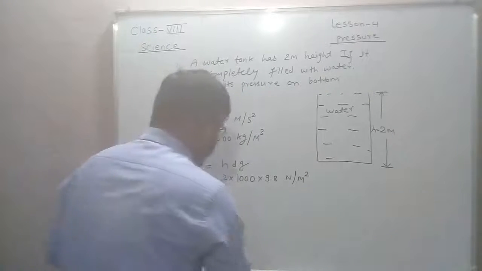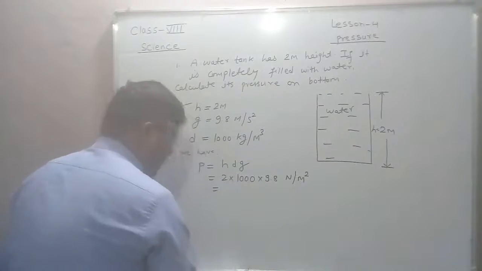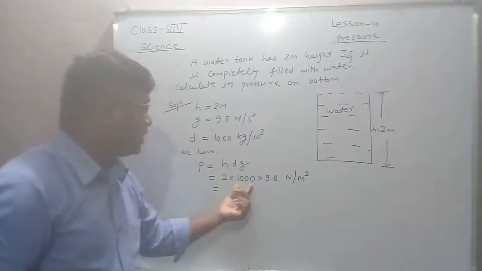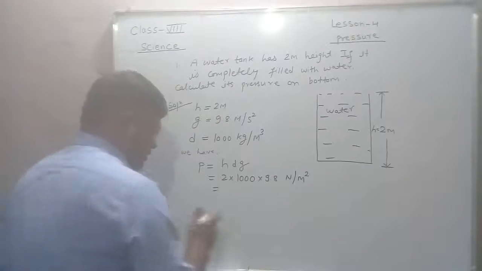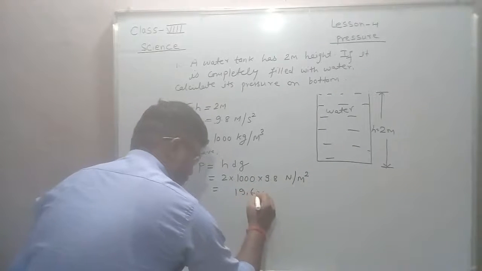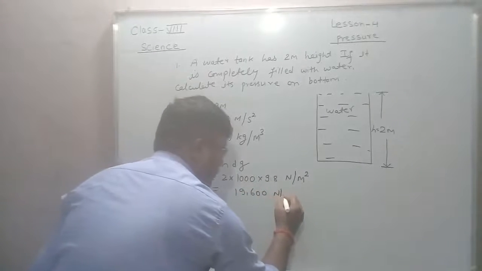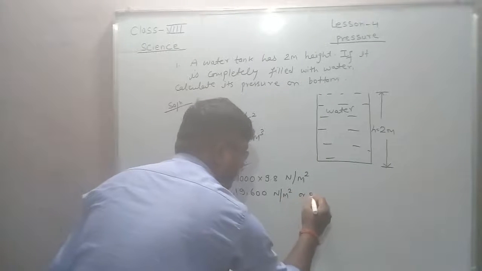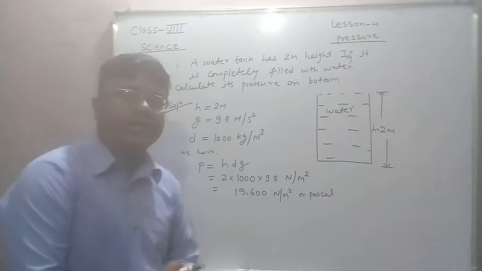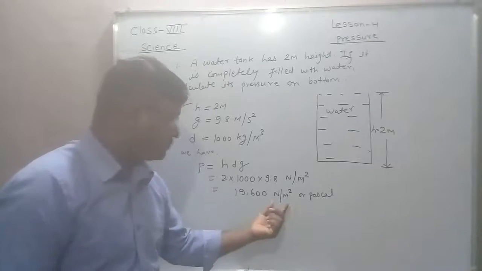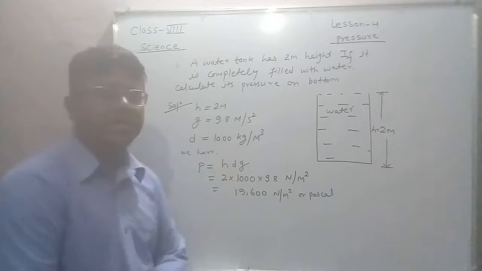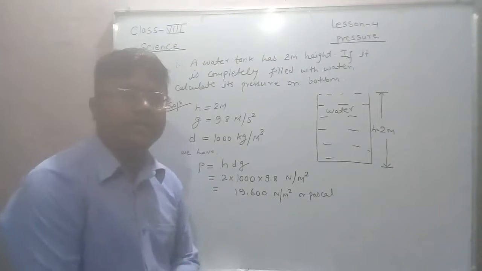Now multiply it: 2 into 1000 is 2000, into 9.8, that is 19,600 Newton per square meter or Pascal. It's very easy, you just need to multiply and write your answer.